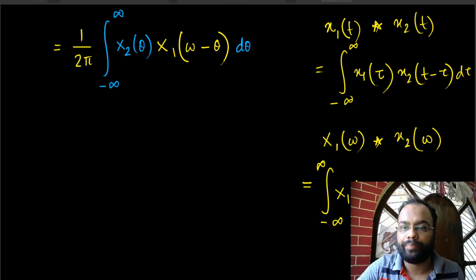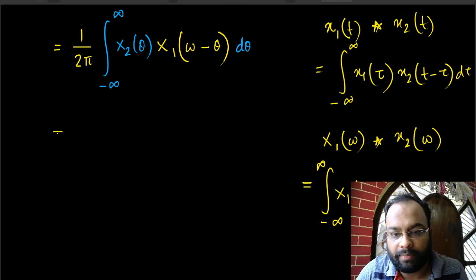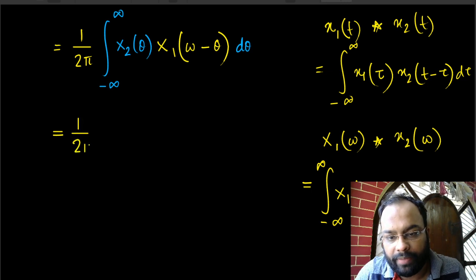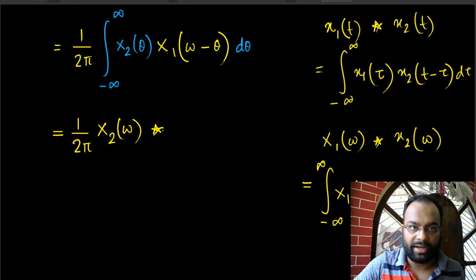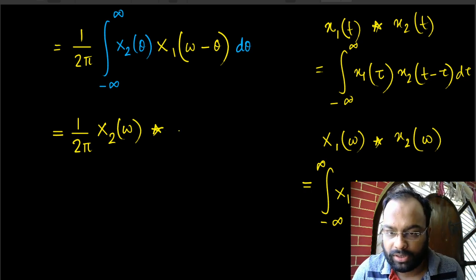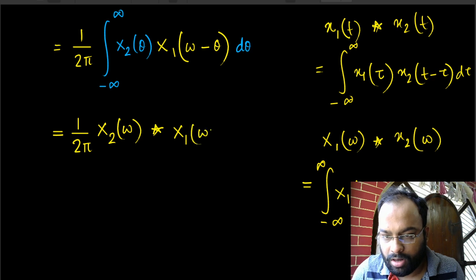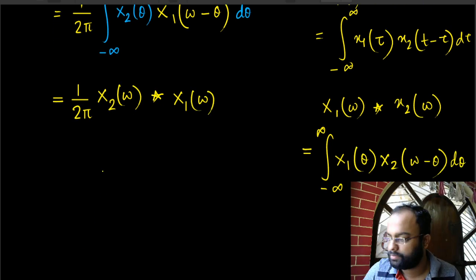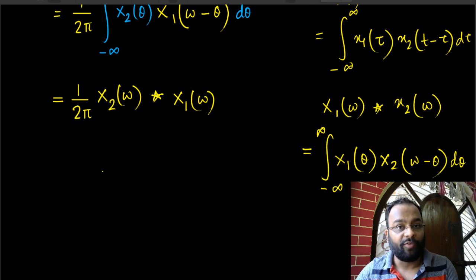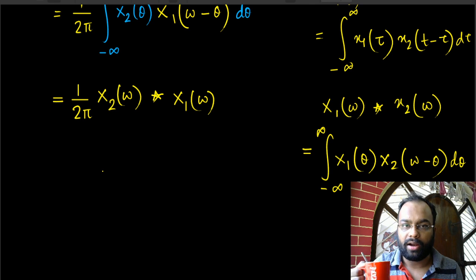I see that this is nothing but the convolution of X2(omega) with X1(omega). Convolution is represented with a star, not with a multiplication but with a proper star, right? So we are convolving two frequency domain signals. X2(omega) and X1(omega) are frequency domain signals.